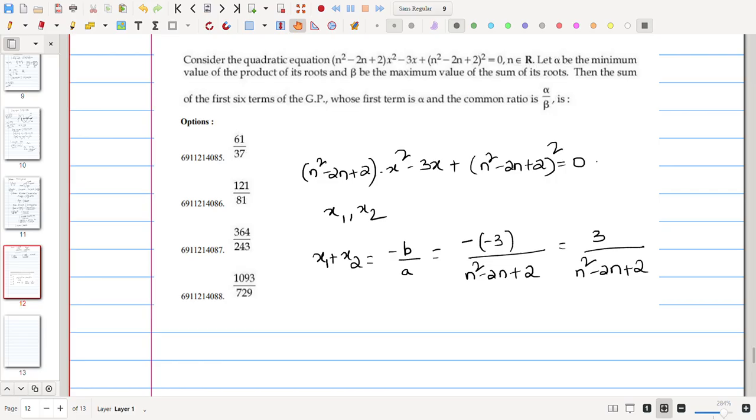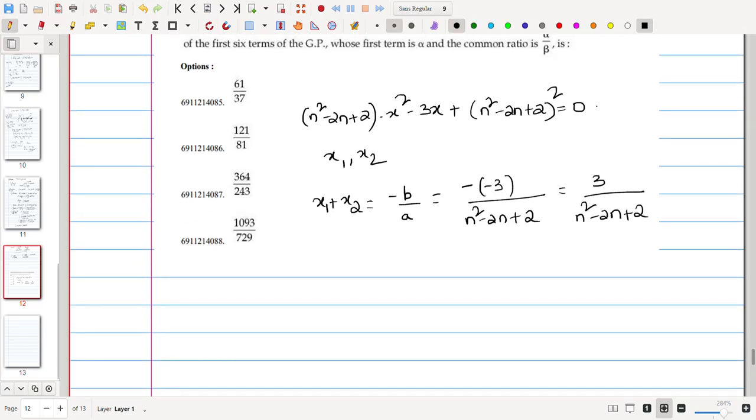Similarly, the product of roots x1 into x2 is equal to c by a, so (n² − 2n + 2)² by (n² − 2n + 2). The square and this term will cancel.